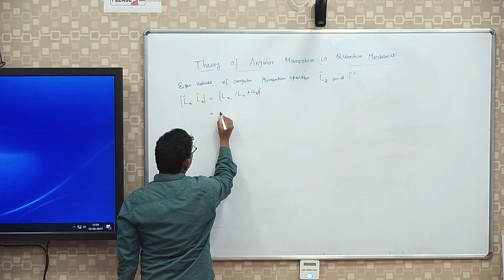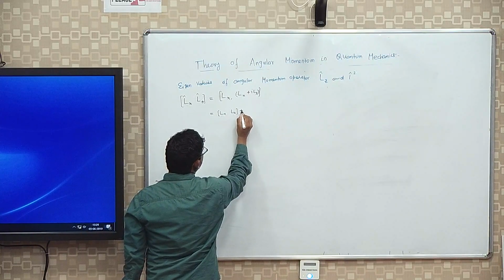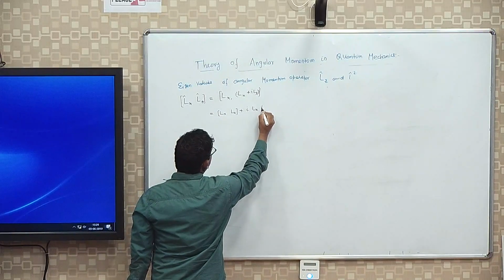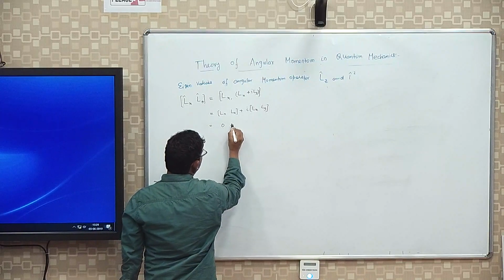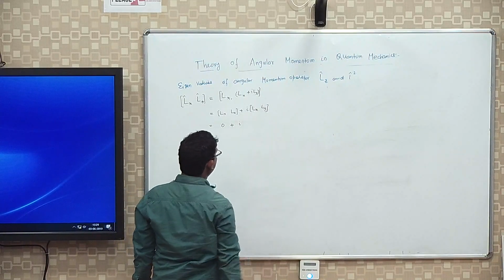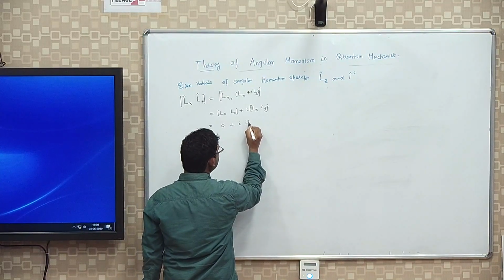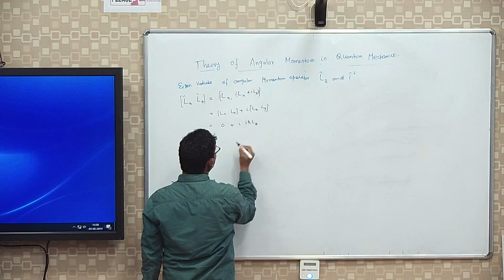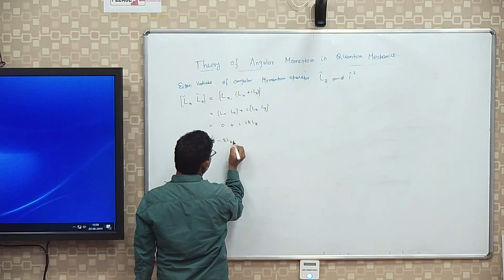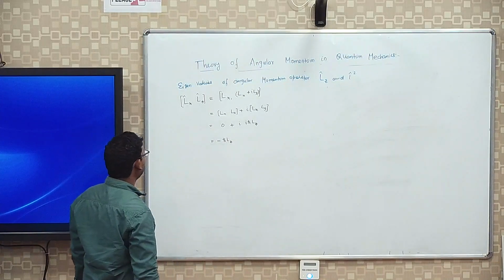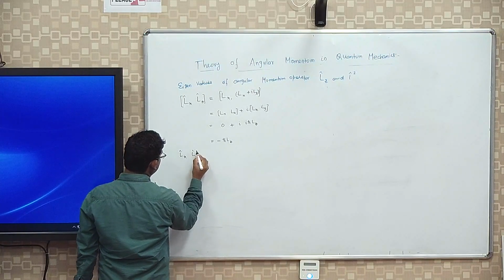If it commutes, then Lx with itself, self commutation, will become 0, plus i Lx Ly. So this answer is 0 plus i Lx Ly. It's a proper cyclic permutation, so we can write it i h cross Lz. I squared will give you minus 1, so the answer will be minus h cross Lz.